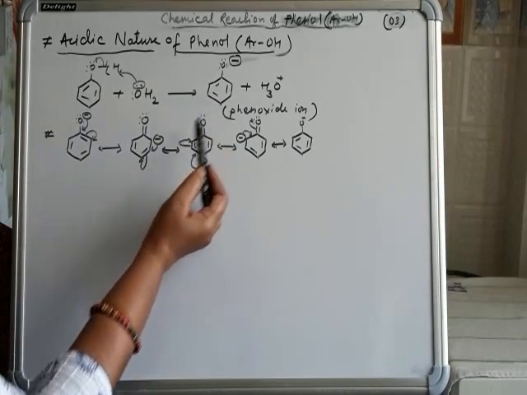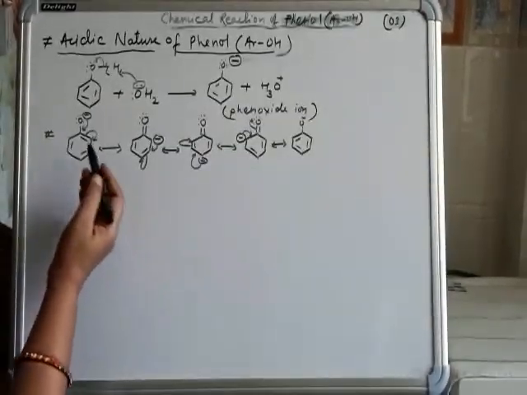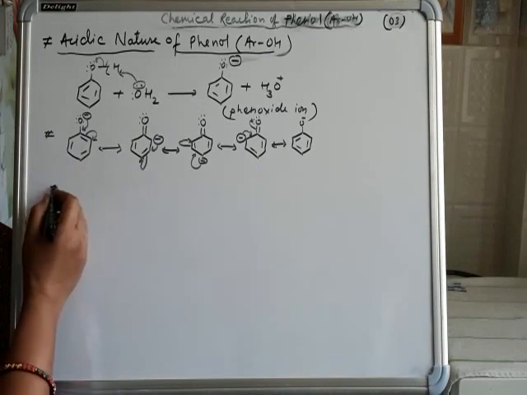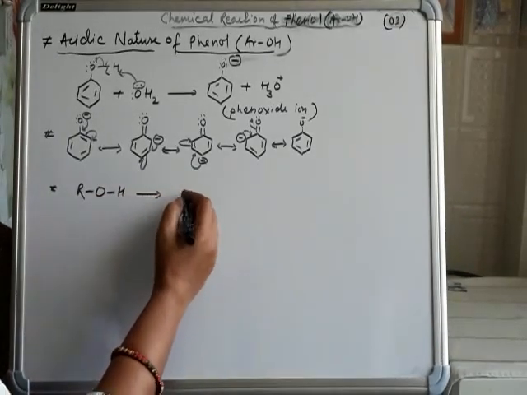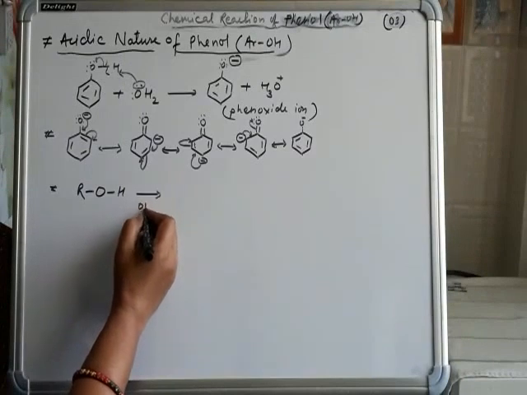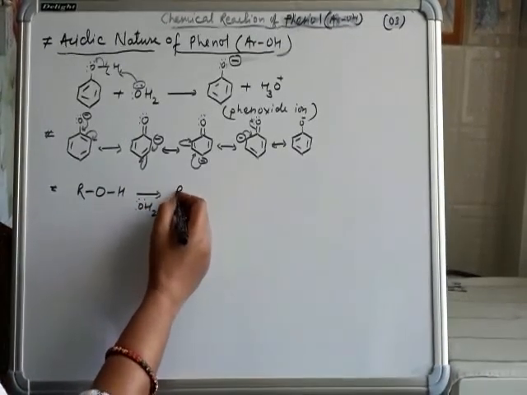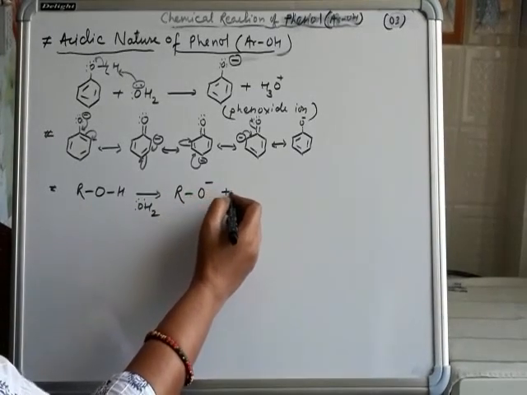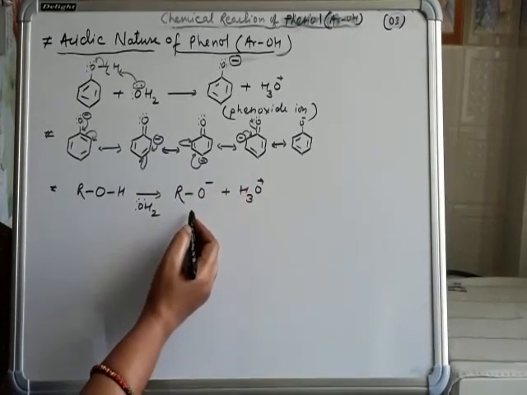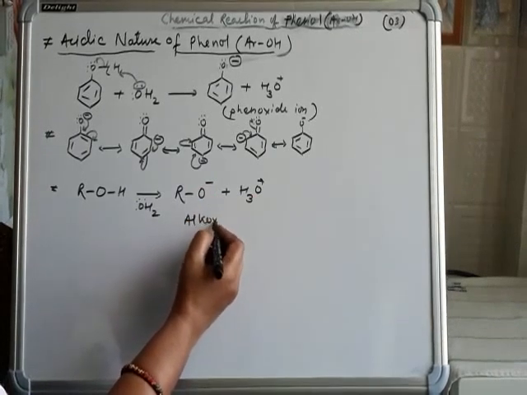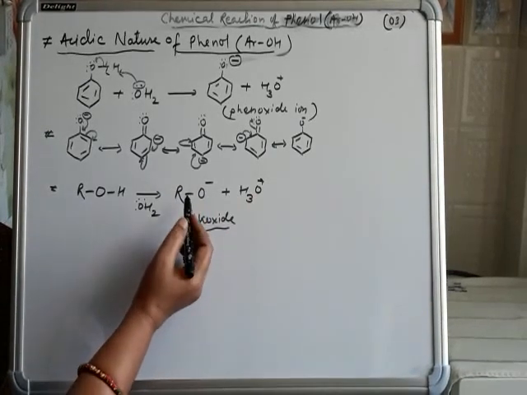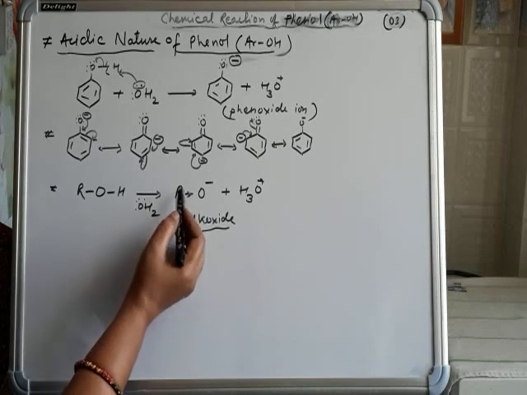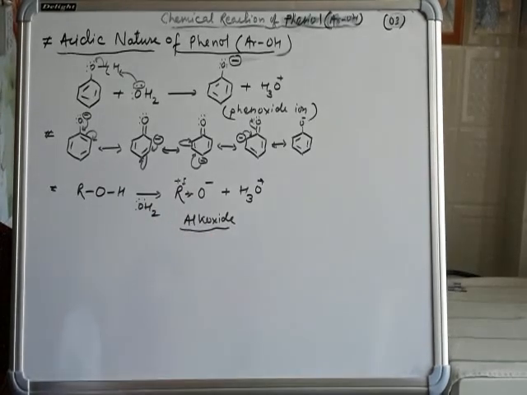So in the case of alcohol, on the formation of the alkoxide ion, its conjugate base, this alkoxide ion is not stabilized by resonance, and also we see here that the alkyl group releases electron density onto the oxygen atom due to plus I effect.